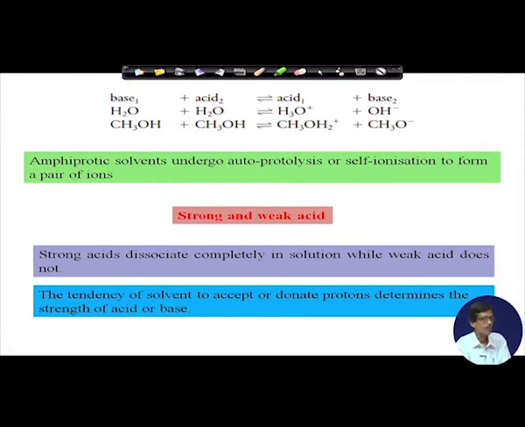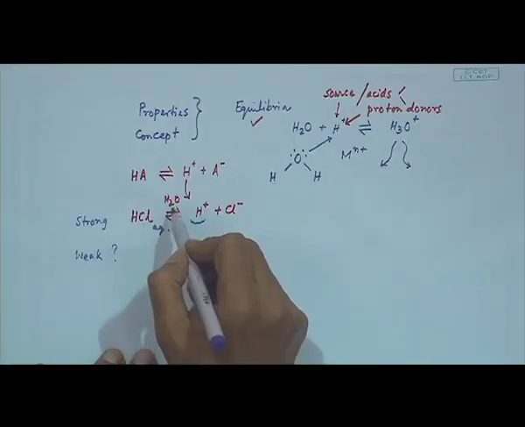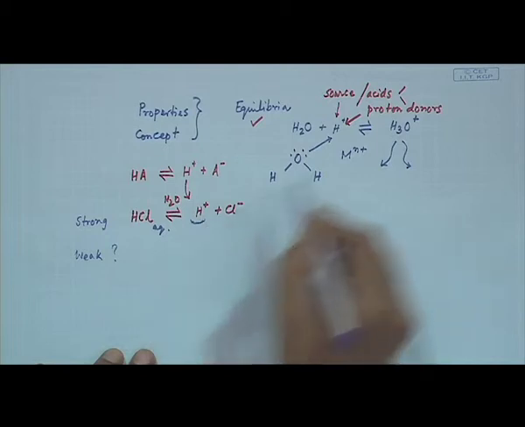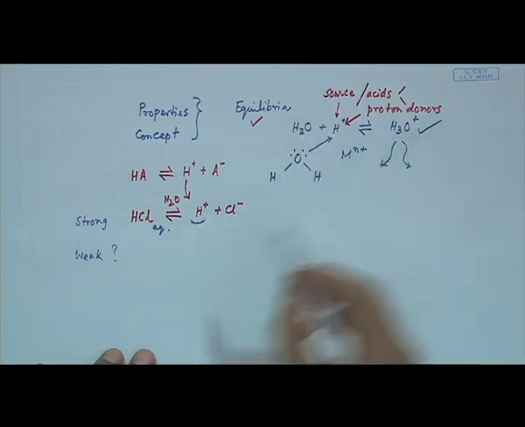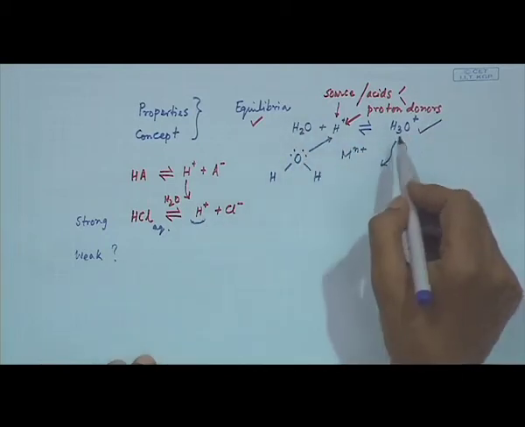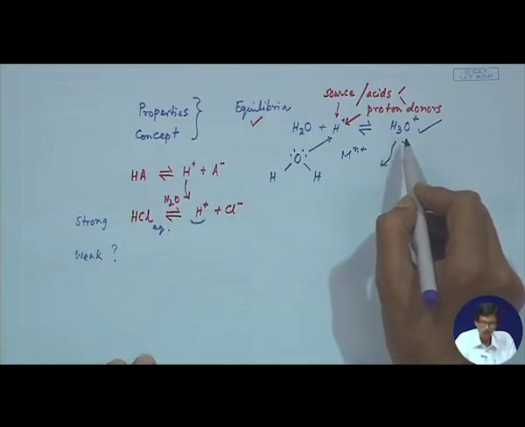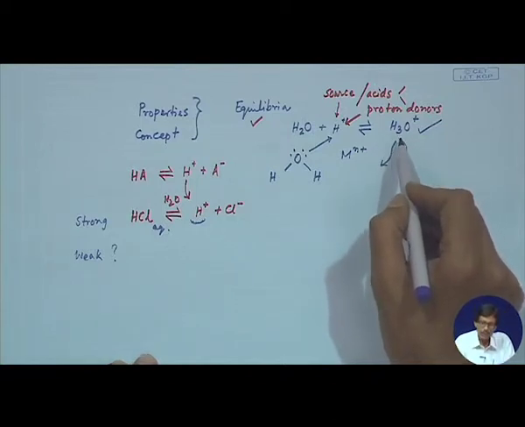So, what you see is that you have a medium, and that medium plays an important role, such that if the water medium accepts the proton, if we bring this water molecule over here and it accepts H plus, that will give rise to H3O plus. So, water can play a dominant role in accepting that H plus.